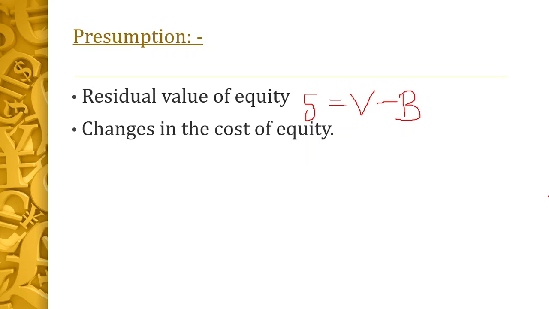Because the more debt there is in the capital structure, it will have some effect on the risk perceived by shareholders. So, when the risk increases, equity shareholders increase their expected rate of return. That would directly increase the cost of equity.